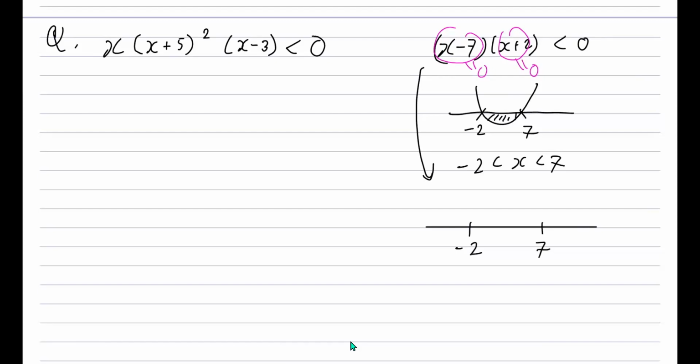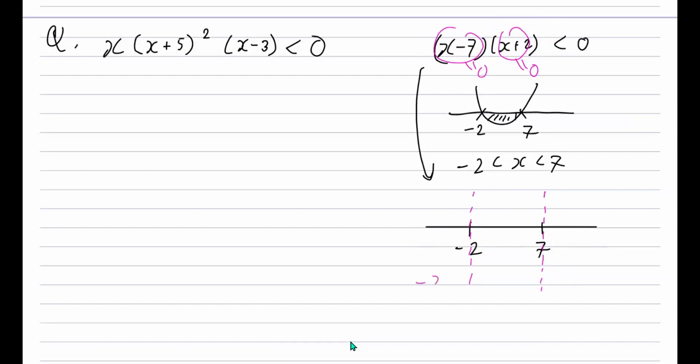Then what you do is you substitute values in this, and this region. Can you see that because of x equals -2, x equals 7, you split into 3 separate regions? You pick a value of x that's in each of these 3 regions, sub into the expression, and then you check the sign, plus or minus. Okay, so let's do that.